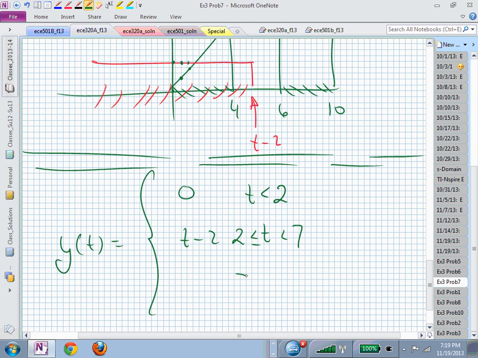Now if this was 7 up to, I don't know, 10, then we know that whatever this is at 7, it better evaluate to what value? 5. Is that okay? These need to be consistent and they're continuous as you transition between the two.